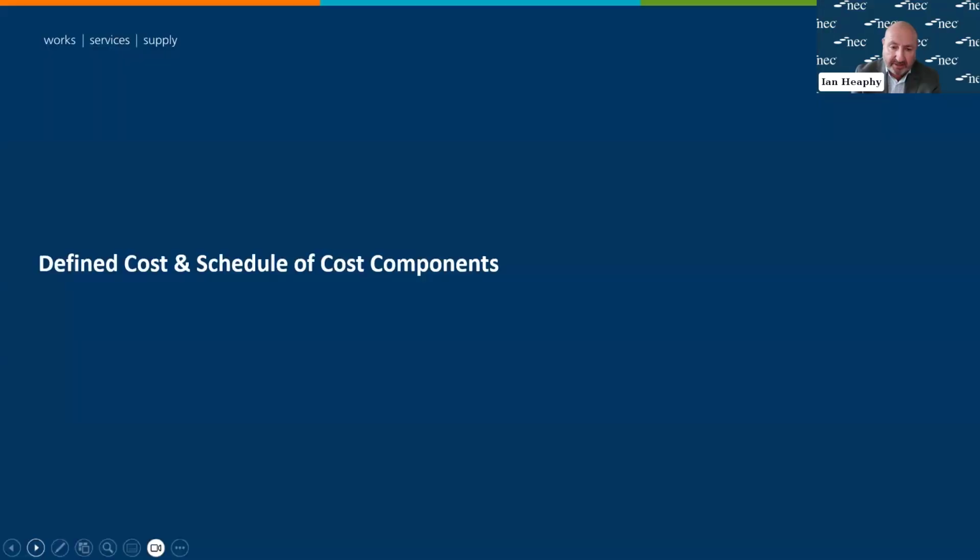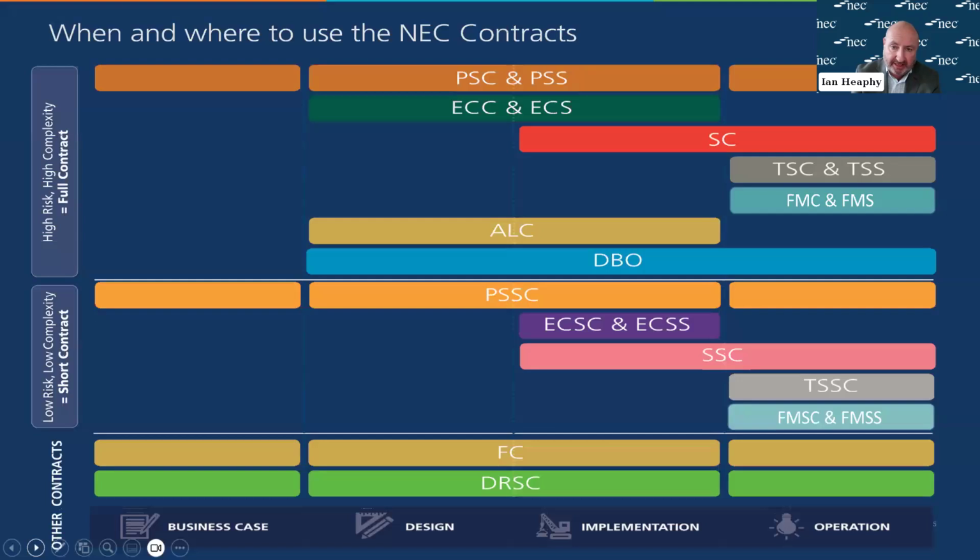Oh, great. Thanks, Darren. So first thing we'll look at then is the NEC suite of contracts. I'm sure many of you on the webinar are very familiar with this slide, just showing you the NEC4 contract suite with the intention that we as NEC produce contracts to enable all of the key players involved in the construction and operation of assets to be engaged on consistent forms of contract, all containing the best practice principles of NEC.